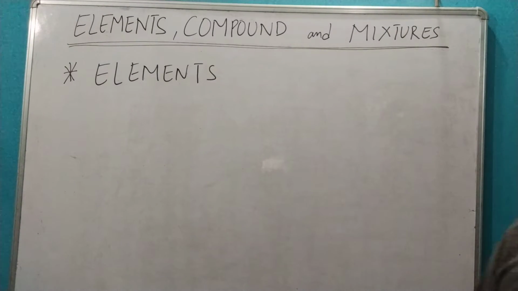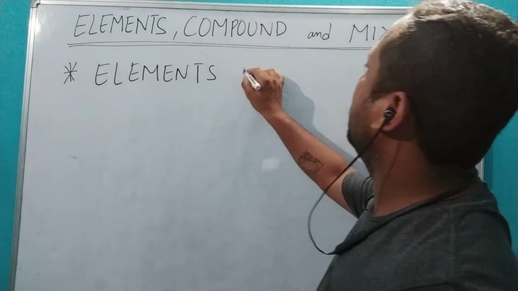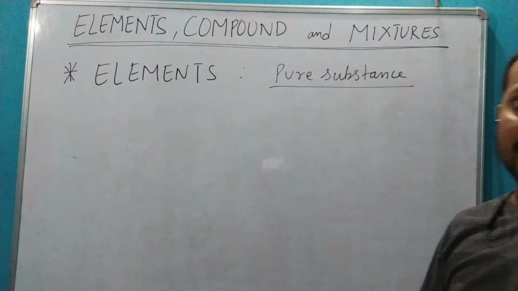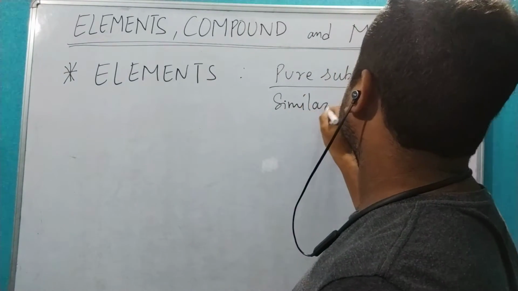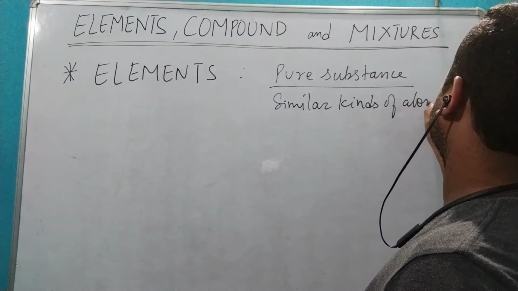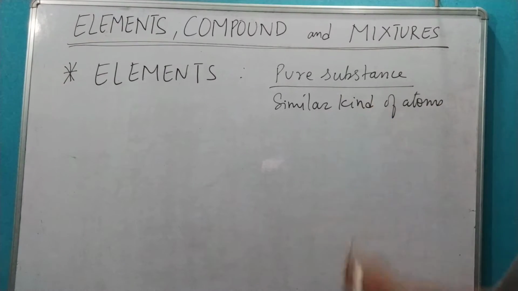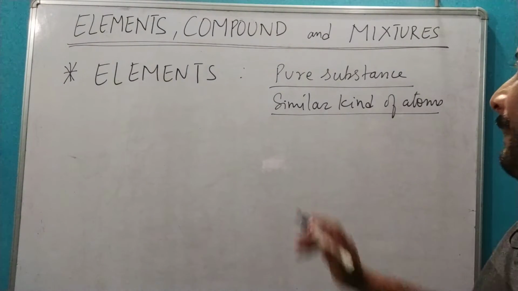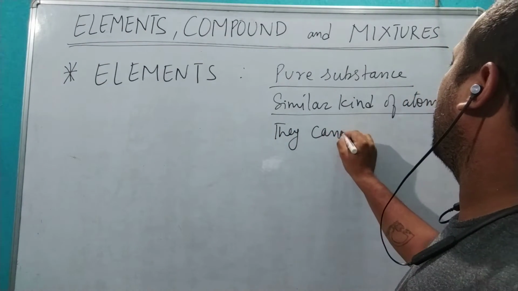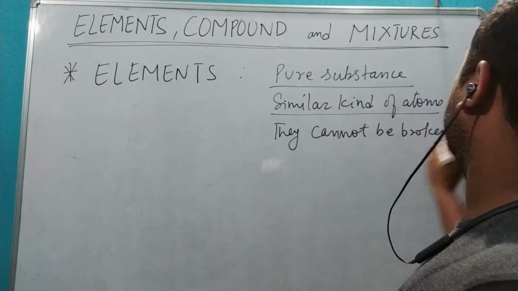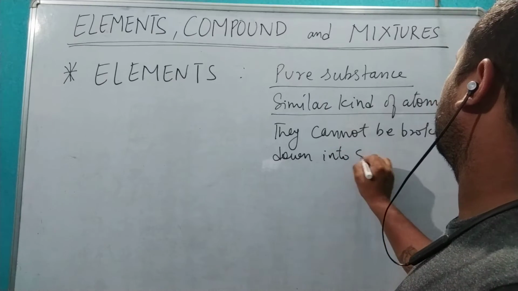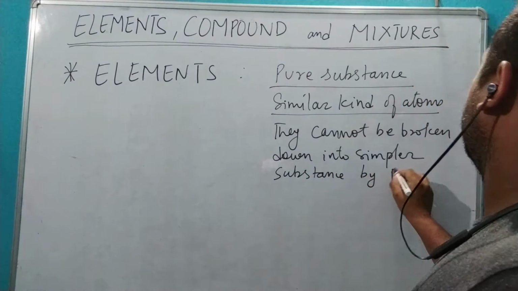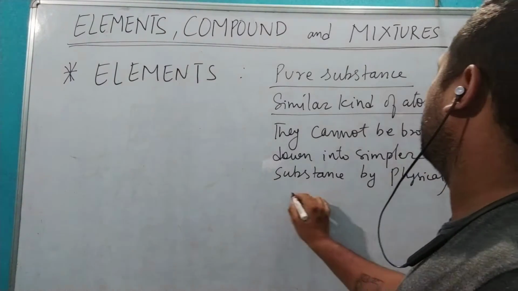Now I am going to define what is an element. Generally, elements are pure substances made up of similar kinds of atoms, and they cannot be broken down into simpler substances by physical or chemical means.